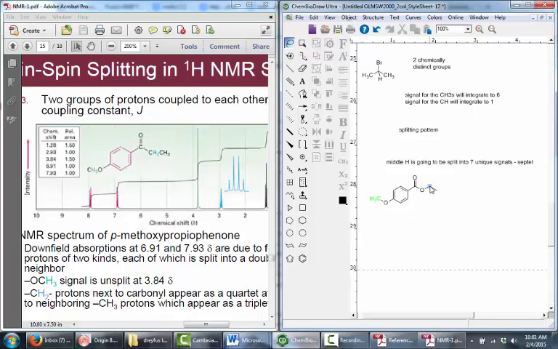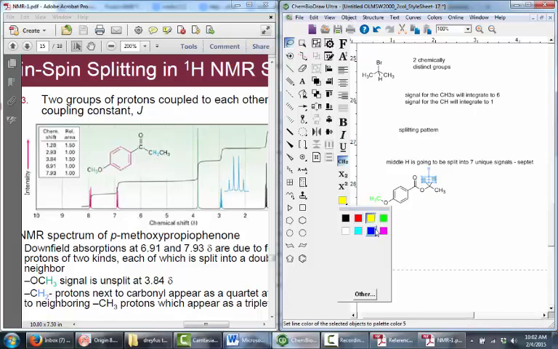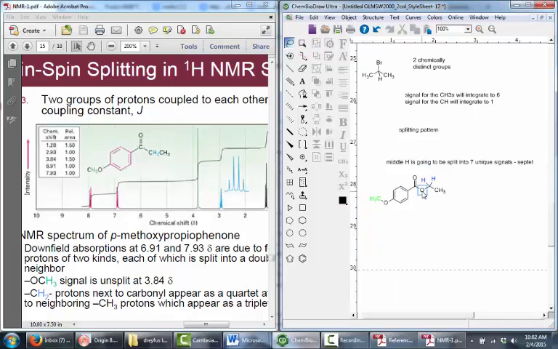Now, let's focus on these protons here. This is a CH2, and this is split into 4 because it's directly attached to the CH3 group here. So it's going to be split into a quartet. The area under this curve is going to correspond to 2 because there are 2 chemically equivalent protons that gave rise to that signal, and they're going to be moderately de-shielded, again because they're pretty close to this O here, and that overall is going to give me this blue quartet that I see here.